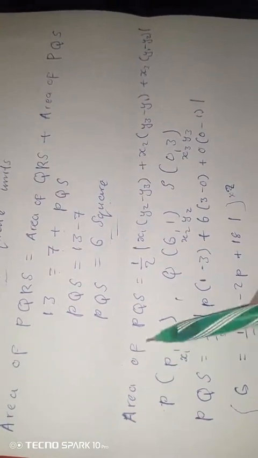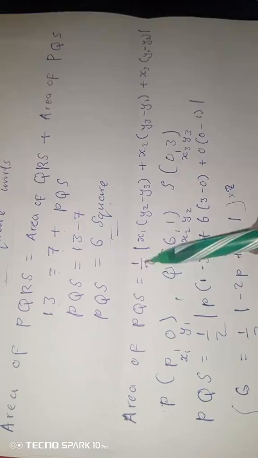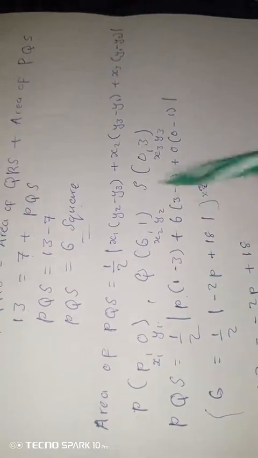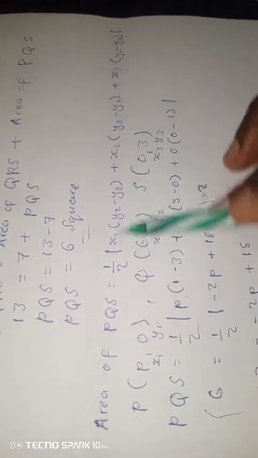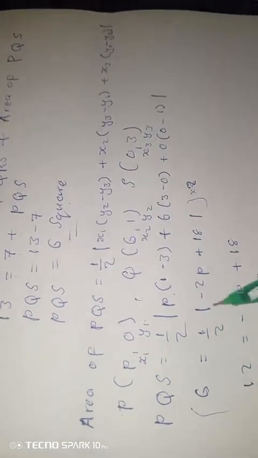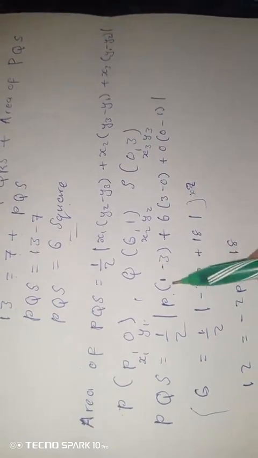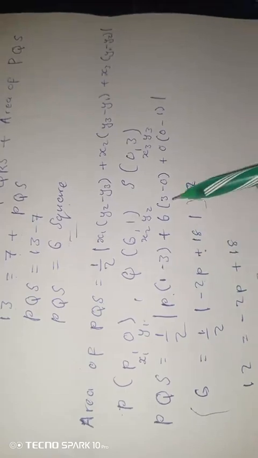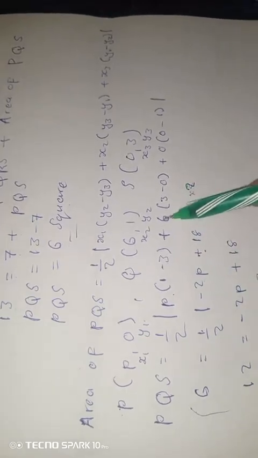Say the area of PQS equals 1/2. This is the formula there, and these are the coordinates to use. So we'll just be plugging in using the above formula. So we have equals 1/2 here. 1 minus 3 gives us negative 2p, plus 3 times 6, it's 18.